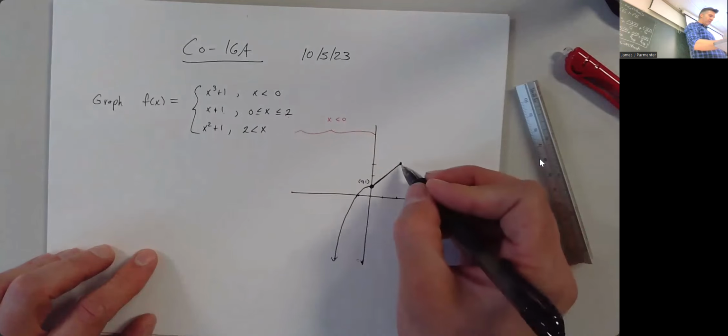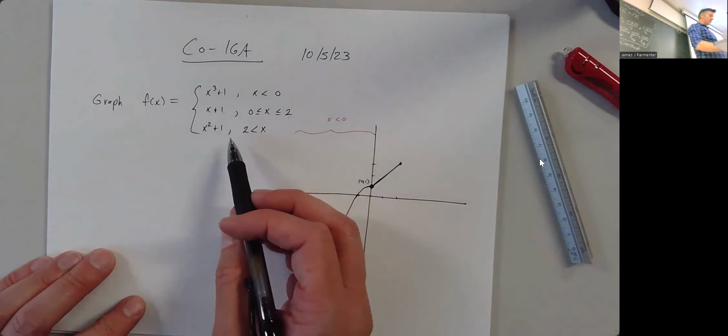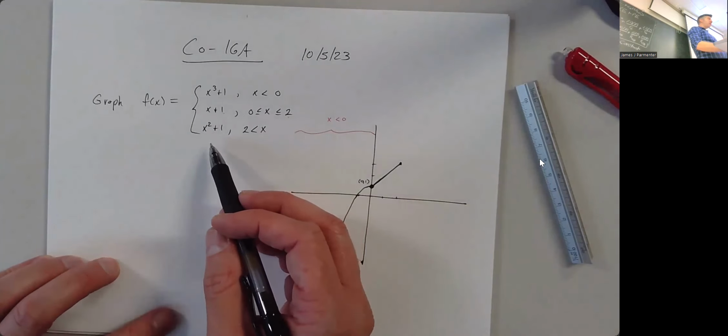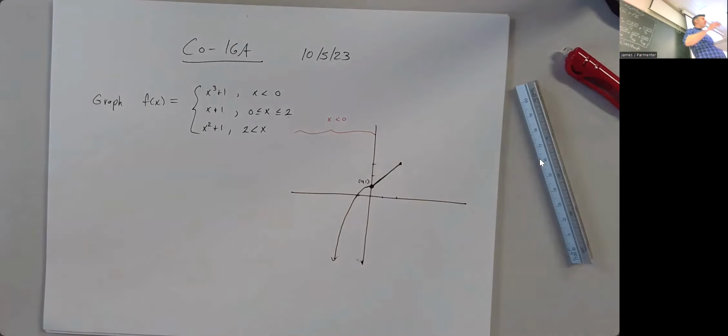And then finally, we're going to get the graph of y equal to x squared plus 1 when x is larger than 2. So that's an upward opening parabola, shifted up 1. I know what the parabola looks like, so I'm just going to draw it in the air. It looks like this, right? There's my parabola. And I know that I'm going to get some of the right side of it.